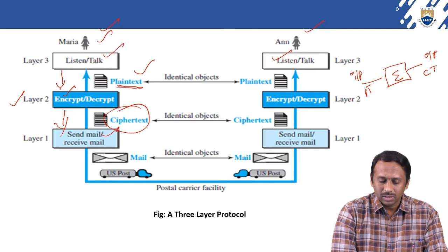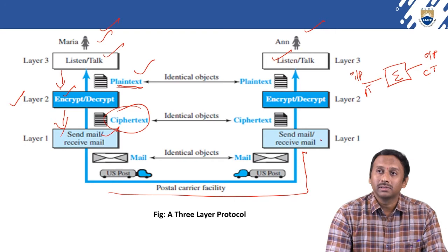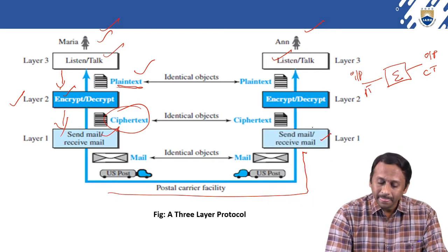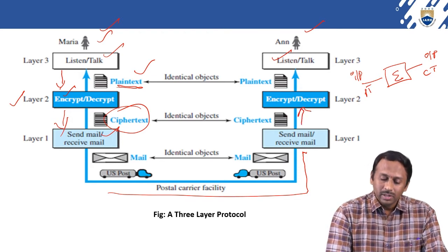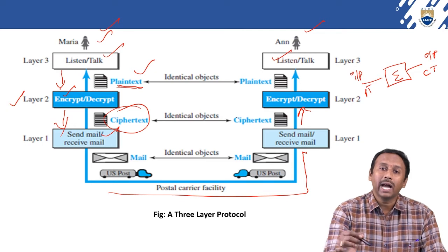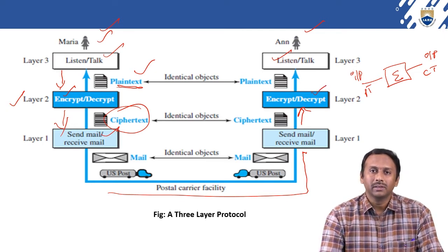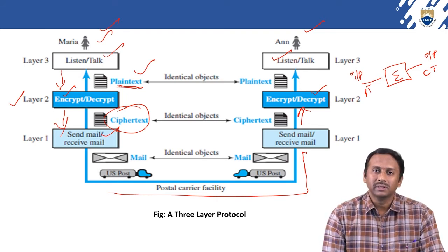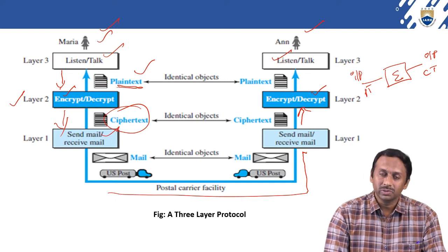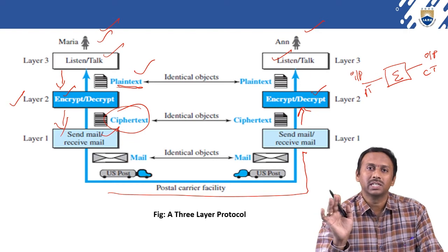Through mail it reaches the other side, where the system receives this mail and passes it to layer 2. It is already encrypted, so now Anne performs the decryption using a key. I will tell you what a key is and everything else in later sessions. You just try to remember the terms encryption and decryption.